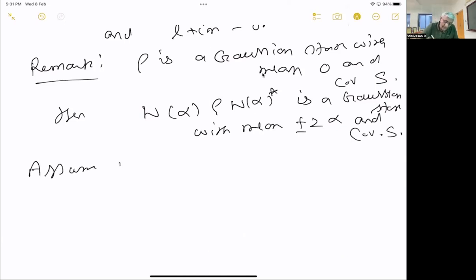Then if the determinant of S is greater than or equal to 1, I get all possible Gaussian states, I mean, a Gaussian state with covariance matrix S with determinant of S equal to 1.